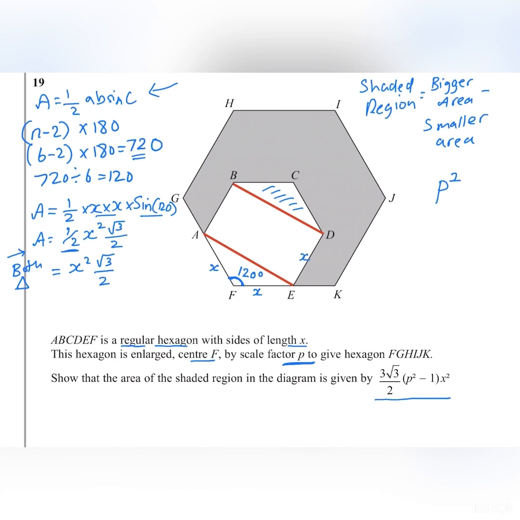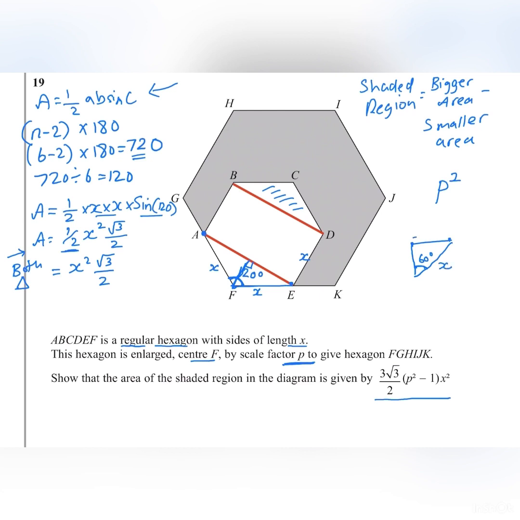Now we know this side is x, and we don't know the length of this side here, A to E. If we draw out a triangle here, split it in half, and take this triangle out, this angle would be 60, and this side here is not given to us, but this side is F to E, which is x.